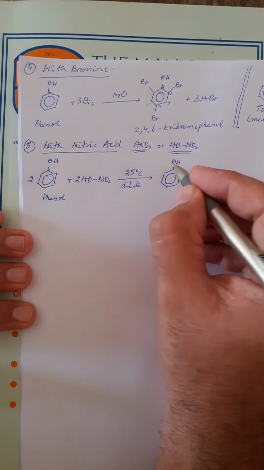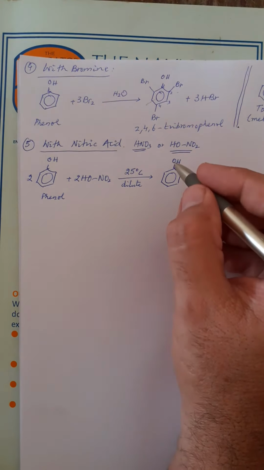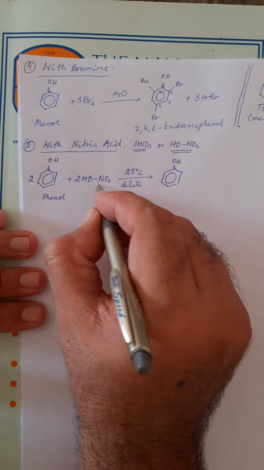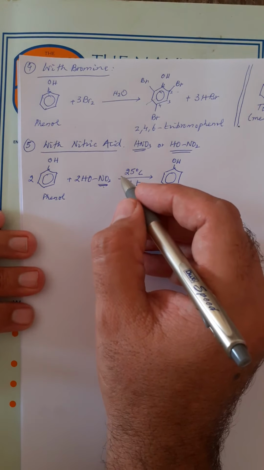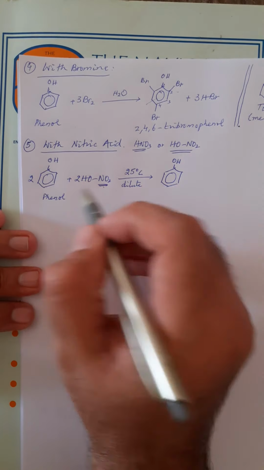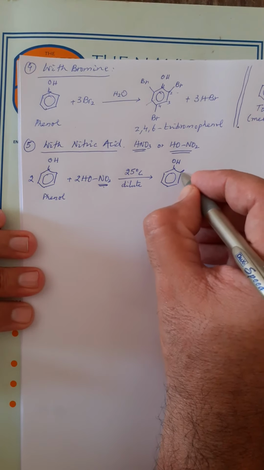This is basically an electrophilic substitution reaction, where the nitro group is our electrophile and it will replace the hydrogens. So you can see this one.